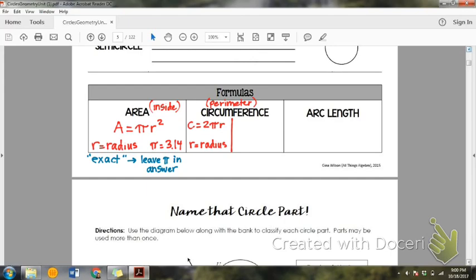Isn't the radius half of the diameter? So I could also say pi times diameter is the same thing as 2 pi r, right? Because if I multiply 2 times the radius, I get the diameter. So I can just take out 2r and put a d in instead. And the d stands for diameter.